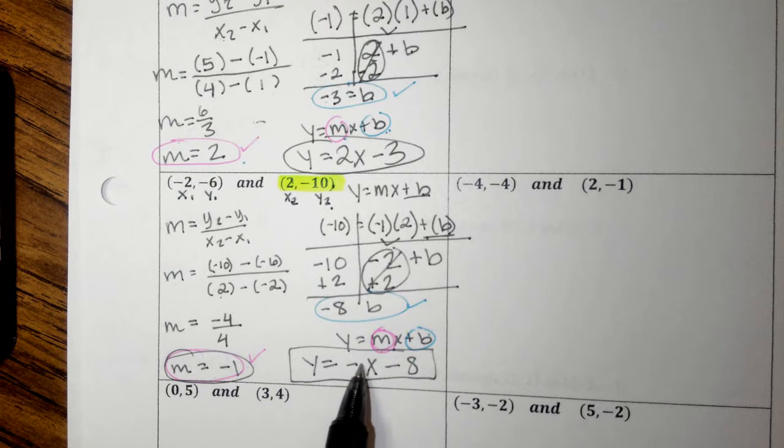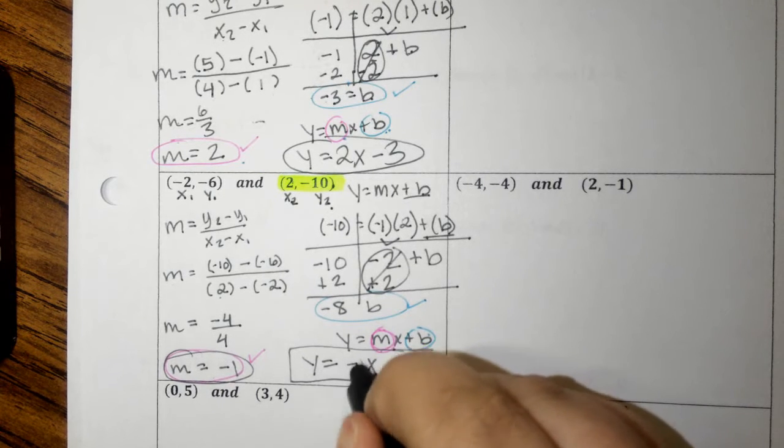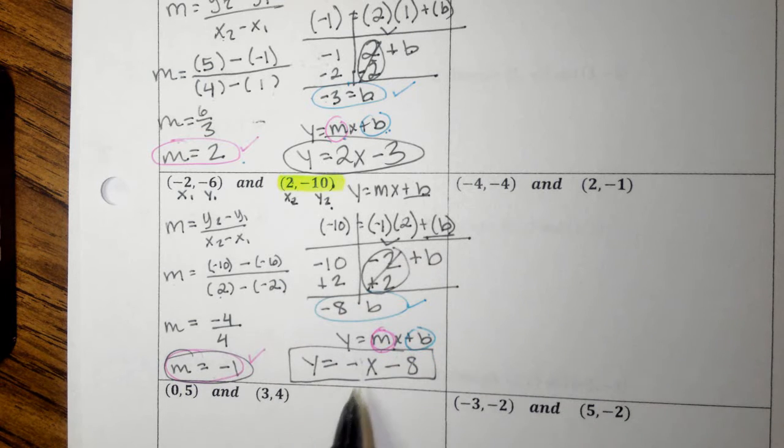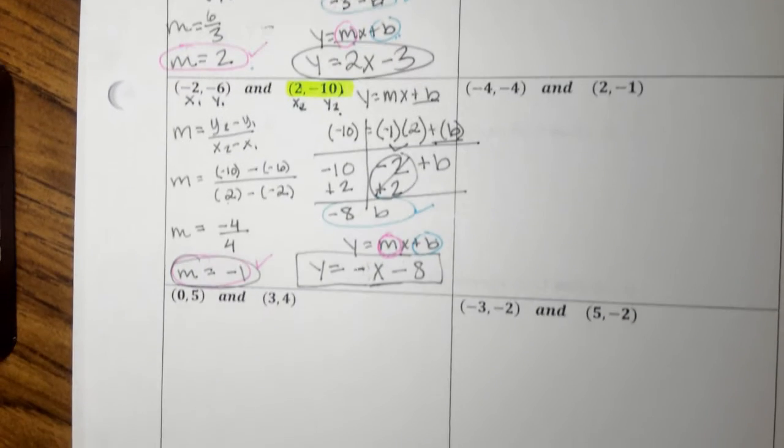I don't have the 1 there because 1 is invisible when I'm multiplying by it. Negative x is the same thing as negative 1x. That's because 1 times x is just x. Looking at the third example in that column.